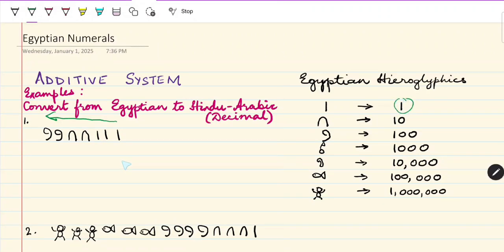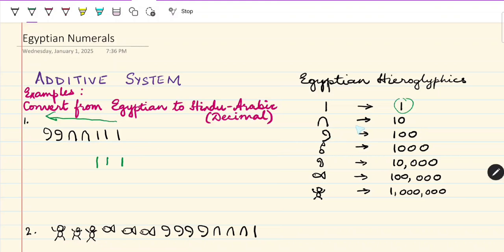All right, so I'm looking at the first numeral on the extreme right hand side. It is a staff. So that has value 1, correct? So I'm going to write that value here, 1. Then the next one to its right is also a vertical staff. So I'm going to write the decimal equivalent of that. And then we have another staff. So that's 1 again. Then we have an arch here.